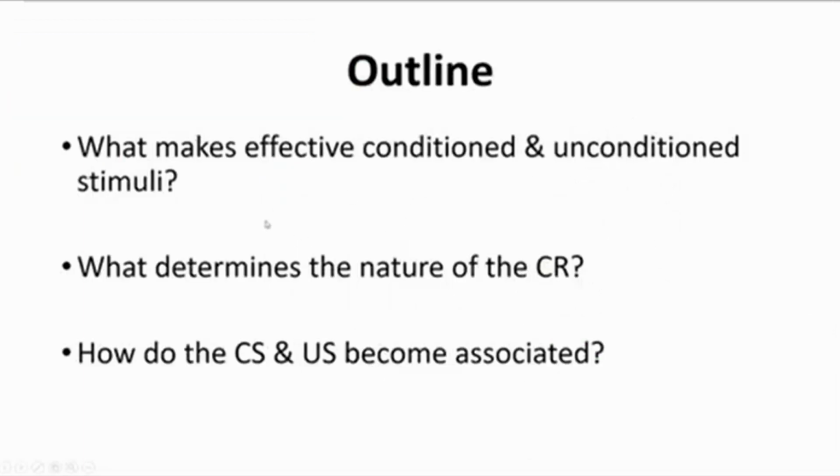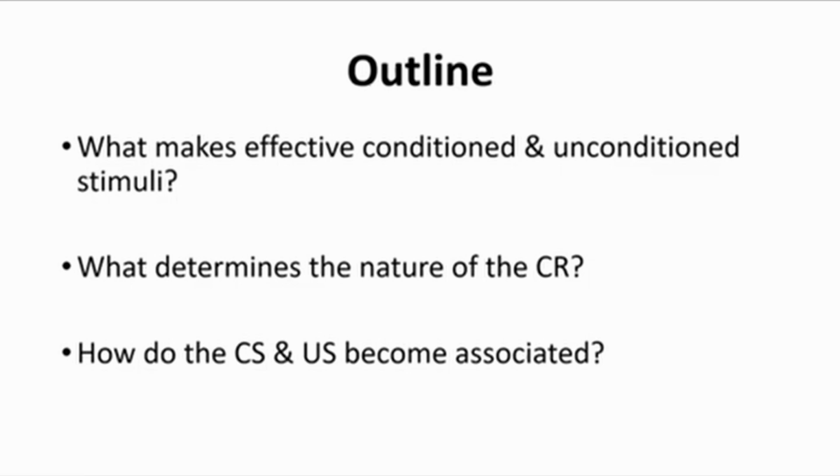All right. So that was us talking about what makes an effective conditioned and unconditioned stimulus. What takes care of or what sets up our CS and our US. Next, we can look at what determines the nature of our conditioned response. So we've already seen a large variety of responses that can become conditioned.